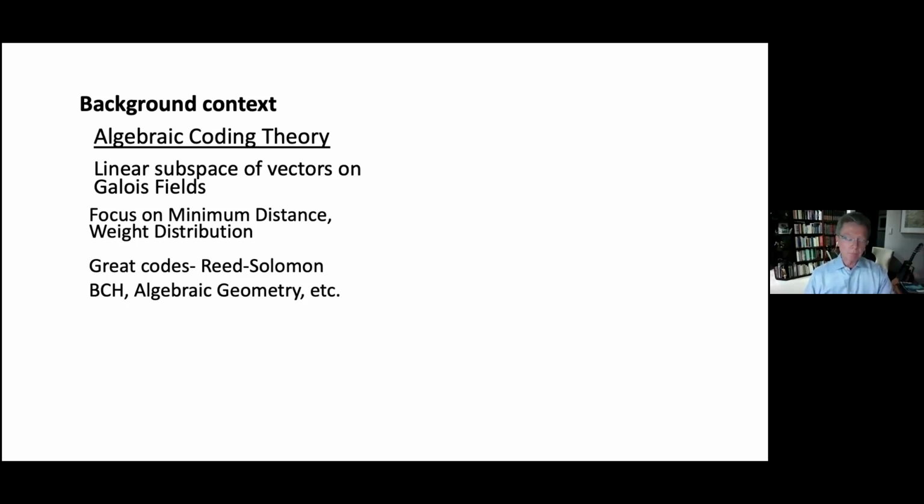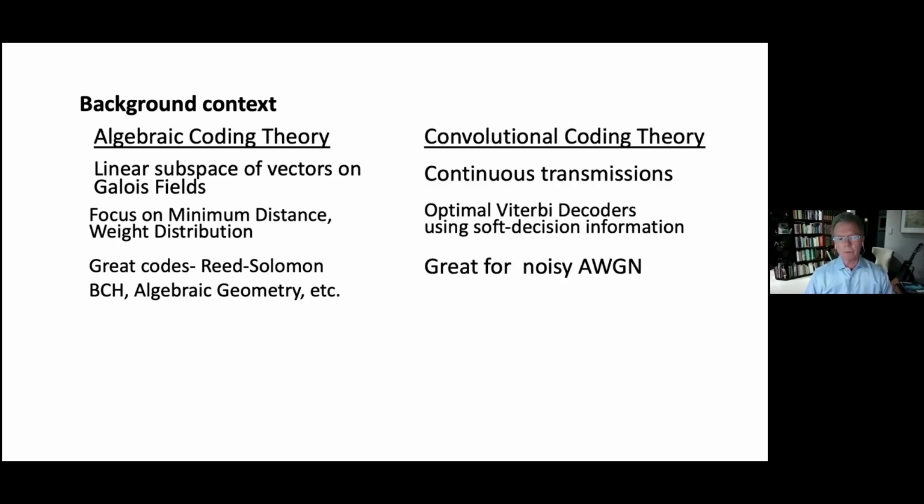They used mathematics very fruitfully to come up with some great codes: Reed-Solomon codes that are on CDs and DVDs, BCH codes that are very versatile, algebraic geometry codes. You had some great codes that are extraordinary in terms of how they pack the space, the Golay codes, for example. You also had convolutional codes, which were well adapted to continuous transmission.